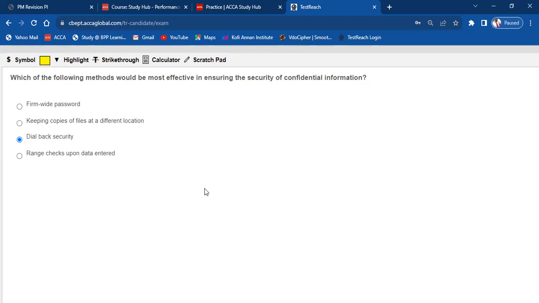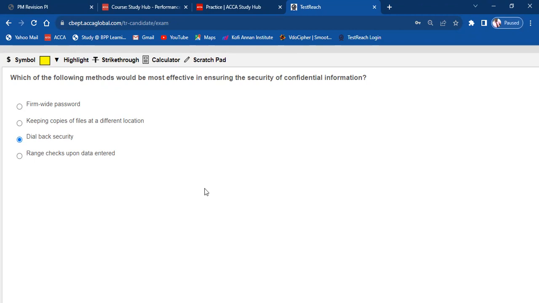So probably they'll send me an SMS on my phone to ensure that I was the guy who was trying to change my password to Facebook or to WhatsApp or whatever. Or they give me the option, should they call me back rather than send me a text? I'm sure that's some kind of dial-back security.